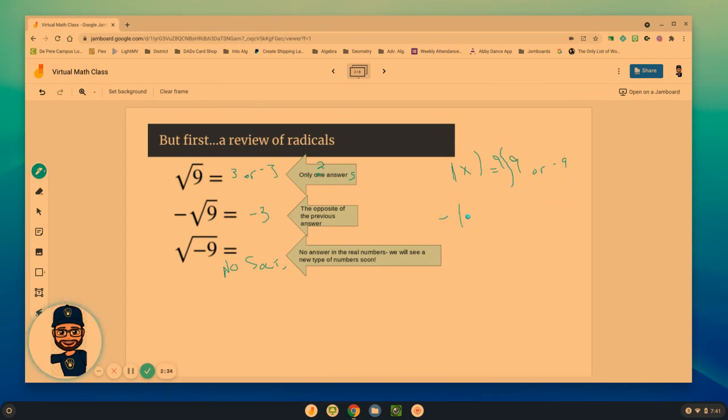Now, if I say the opposite of the absolute value of x equals 9, they only want the negative. And if I ever say the absolute value of x equals a negative number, that is no solutions, because we can't get the distance of something to be negative. I can't find an absolute value of something and have it equal a negative value, because that distance, as we described, was always positive.